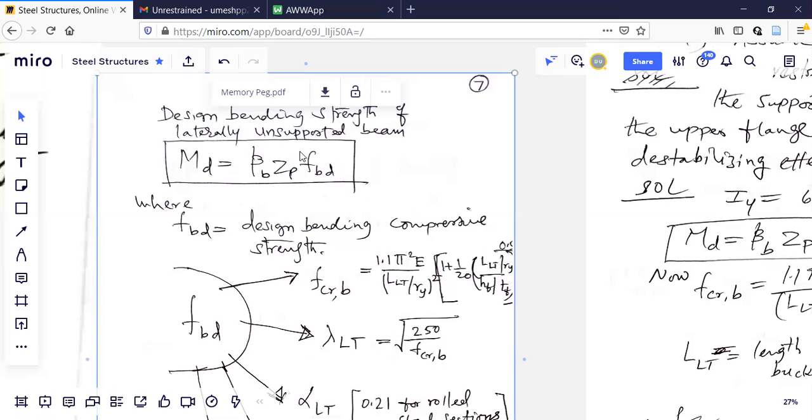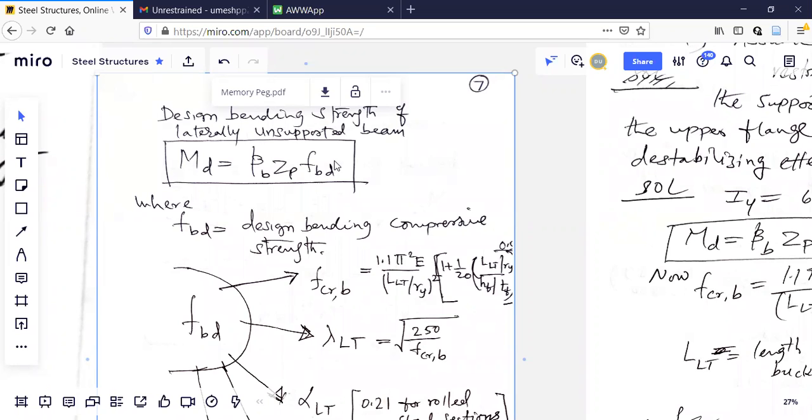The way you calculate fbd differs, because we have to include the phenomenon of lateral torsional buckling. Lateral torsional buckling is a phenomenon not observed when the compression flange is properly supported. It will not move sideways. So lateral torsional buckling comes into play if the beam is allowed to move laterally, sideways.